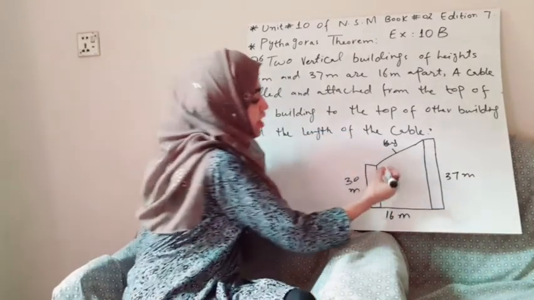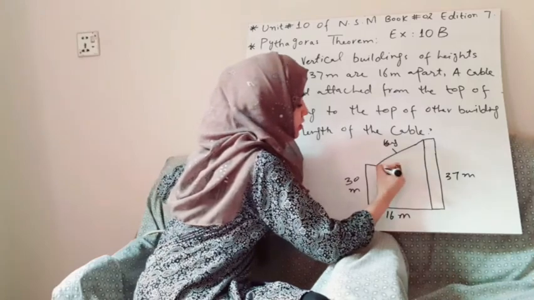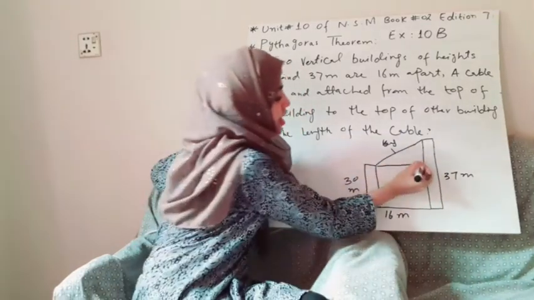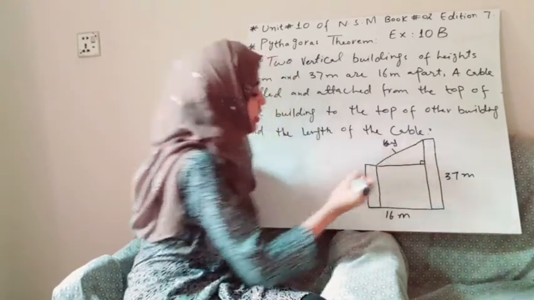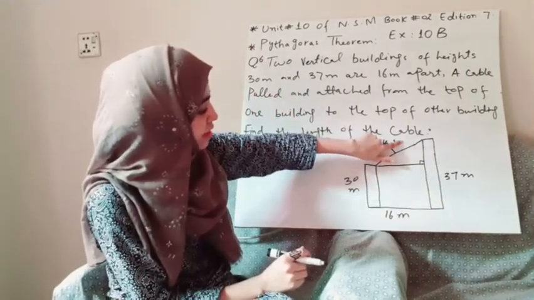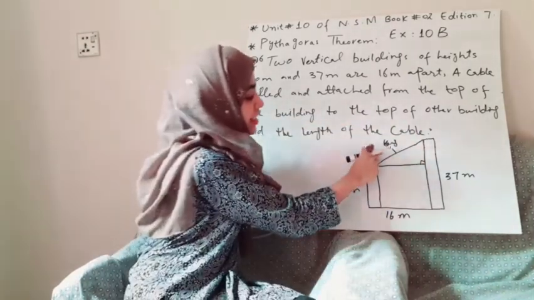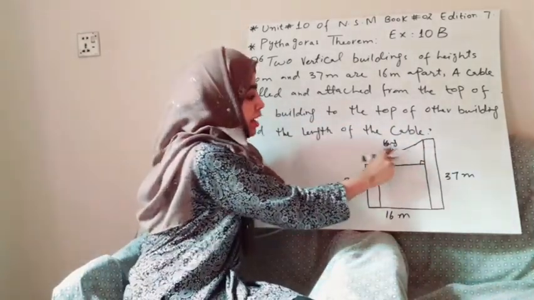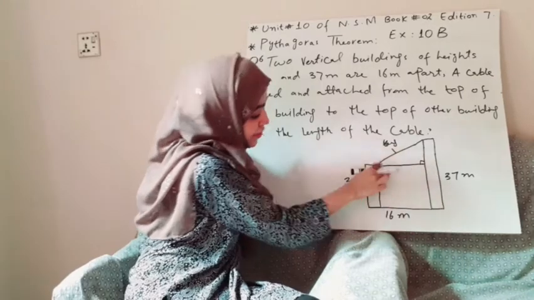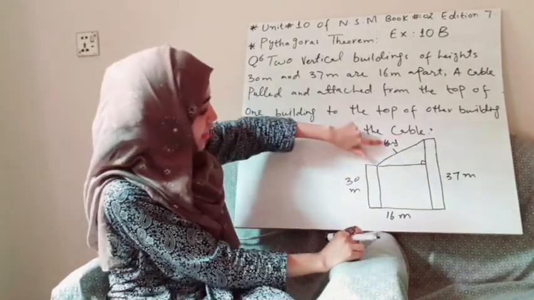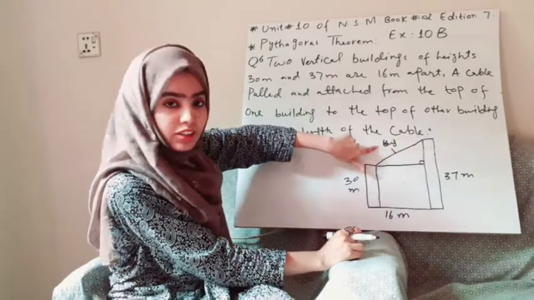If we draw the base here, it becomes a right angle triangle, where hypotenuse square equals base square plus perpendicular square. So we have to find this hypotenuse, which is the length of the cable, and we know the base, which is 16 meter.